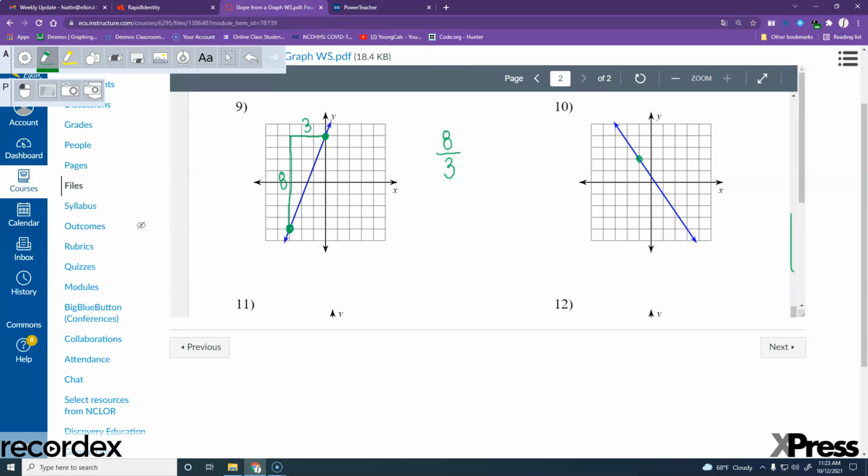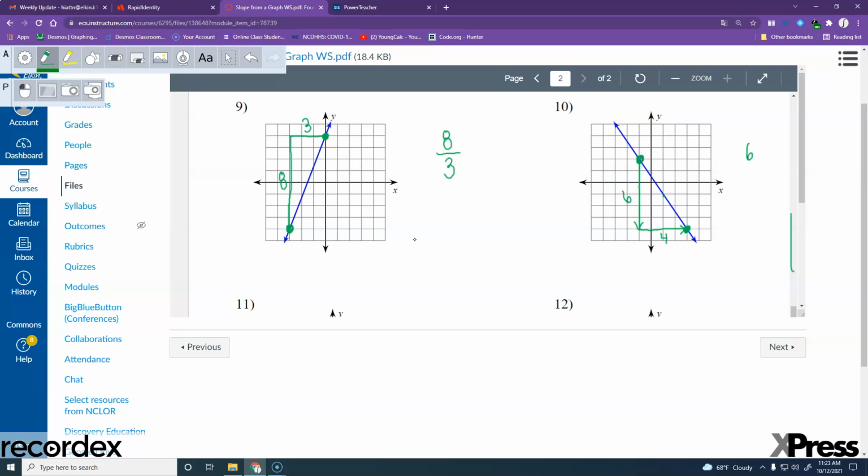I could do the same thing over here even whenever it's negative. So like here's a point and here's a point for this one. Actually, I could use that one there. I'm going to use these bigger ones up. So if I think about how much I have to go down and then to the right, just ignore signs. 1, 2, 3, 4, 5, 6 right here. And 1, 2, 3, 4 right here.